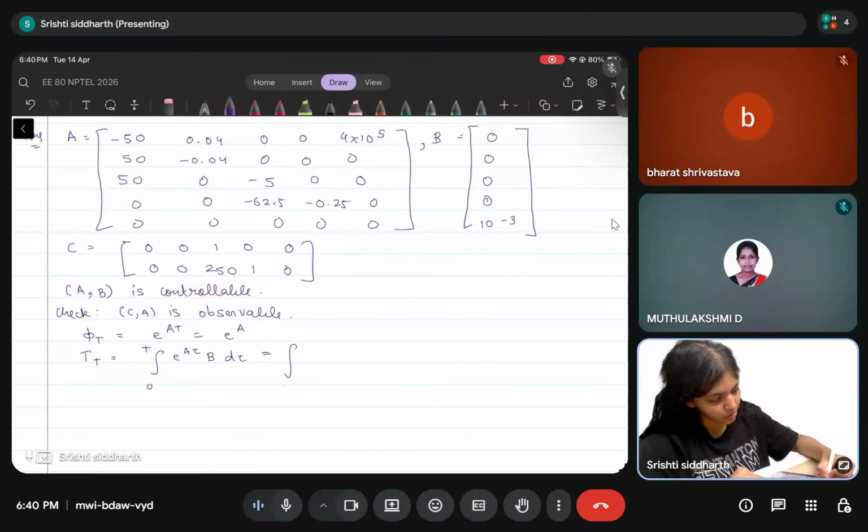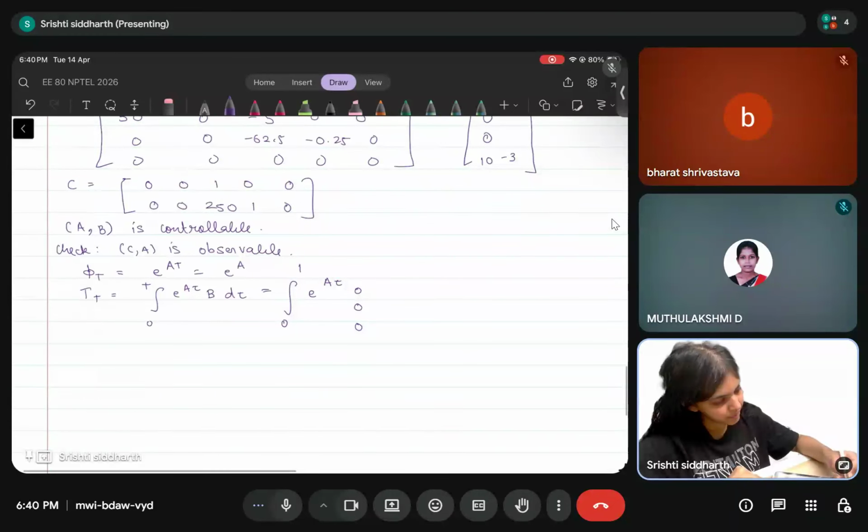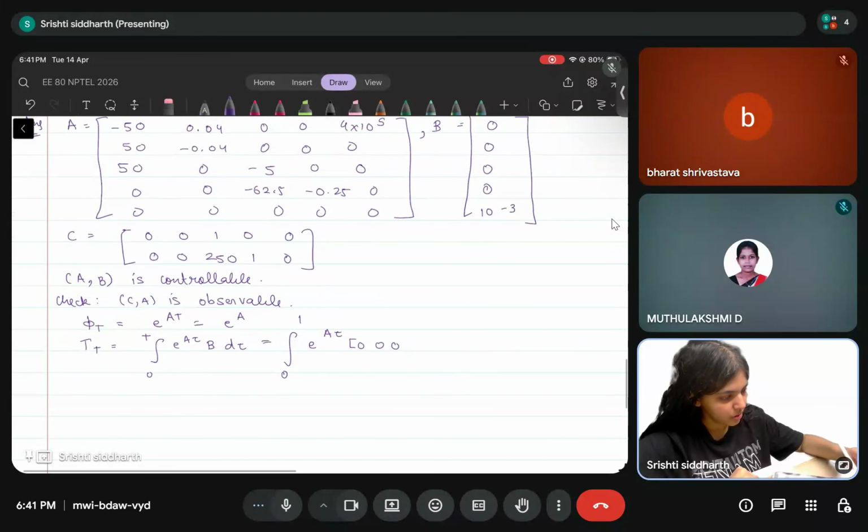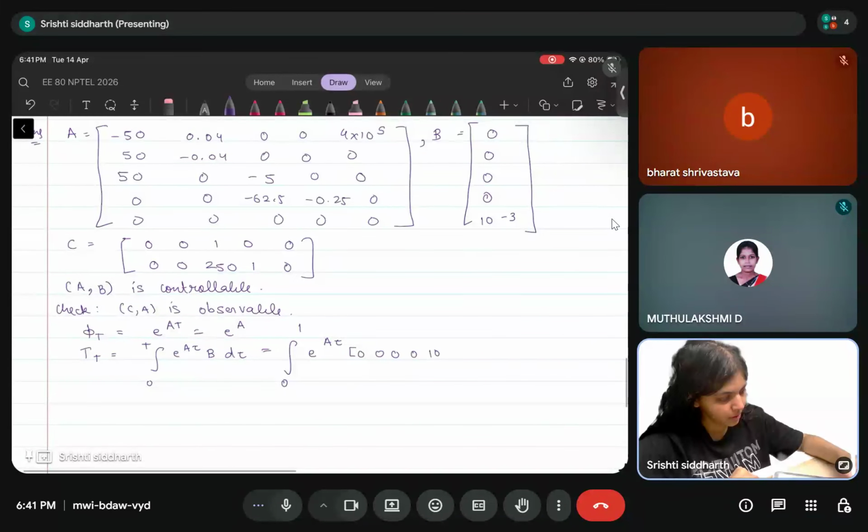This is 0 to 1, e to the power A tau, then B is 0, 0, 0, 10 to the power minus 3, d tau.